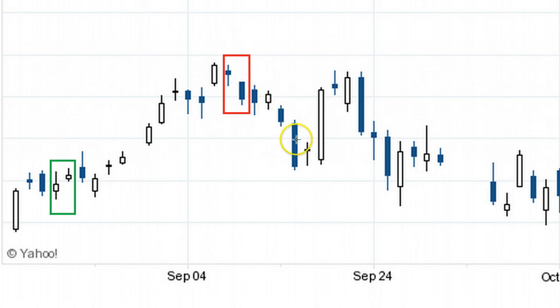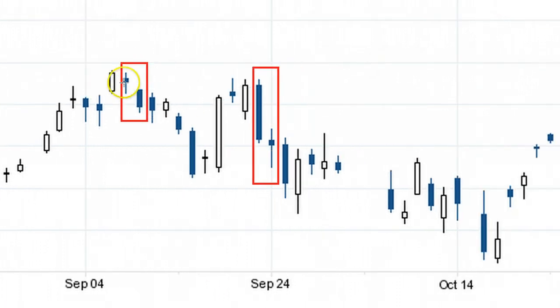And then it keeps going down. This is not exactly a double positive. This is more a doji stick and then an uptick, and then further you again get a double negative here. This is again a doji stick, not a perfect double negative that you want, but you had a double negative here.